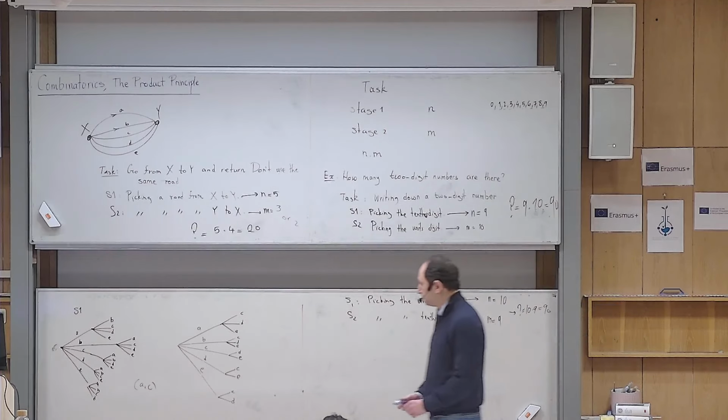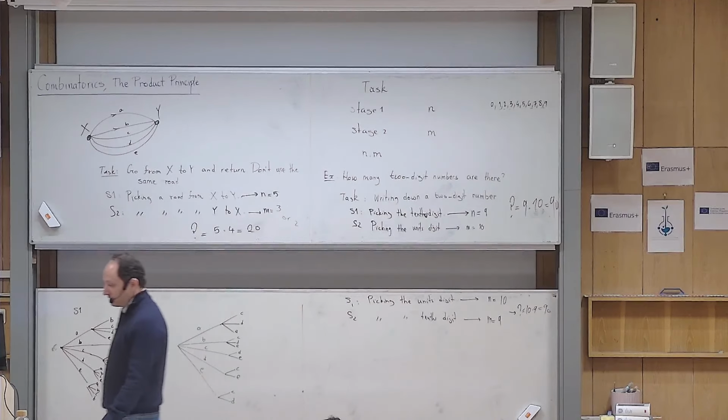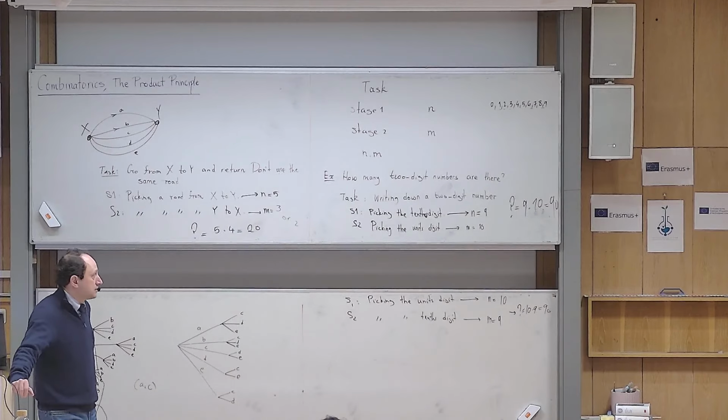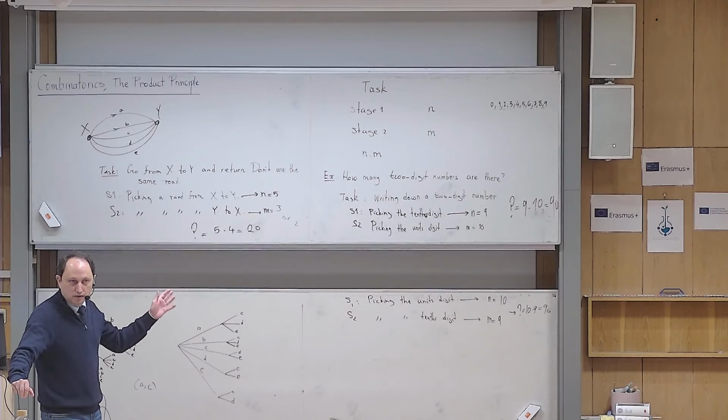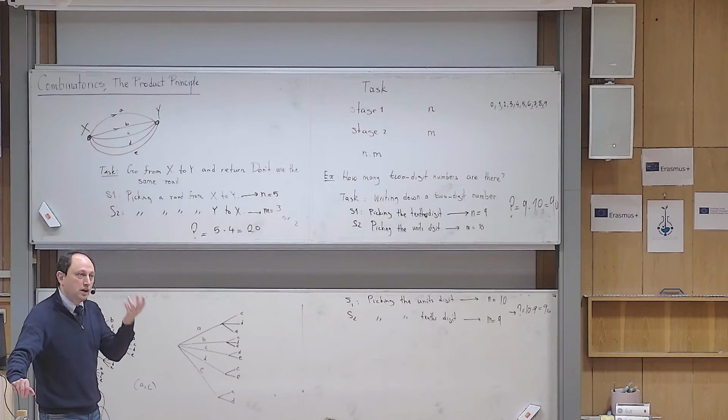I will give you examples. Let me wait a little bit here too, so that you can digest. The problem is not hard at all, yes? So I have one task. The nature of this task is such that I can imagine I can break it down into two parts. And then I know in how many ways part one can be done.